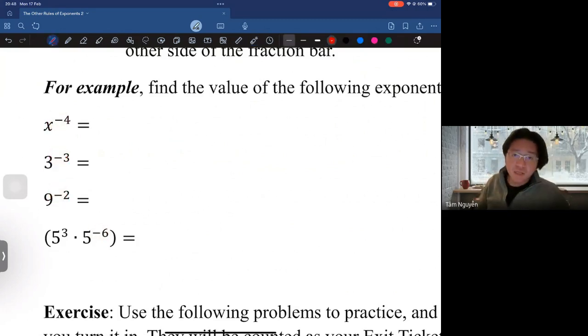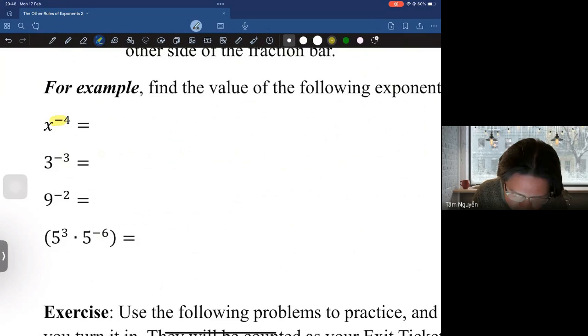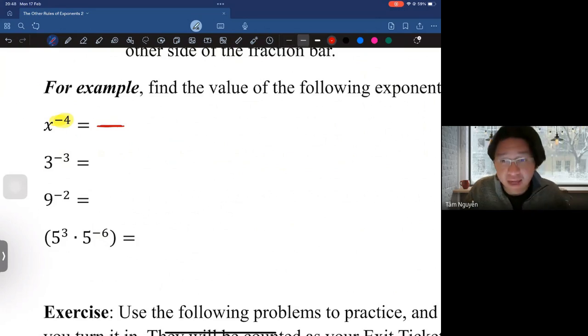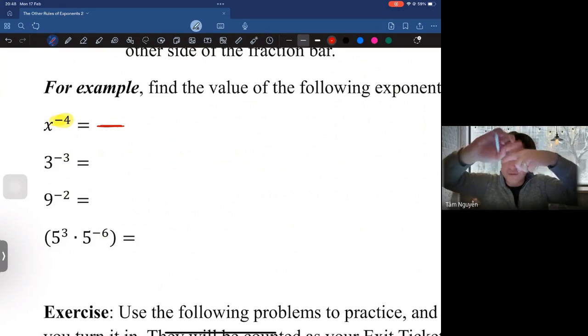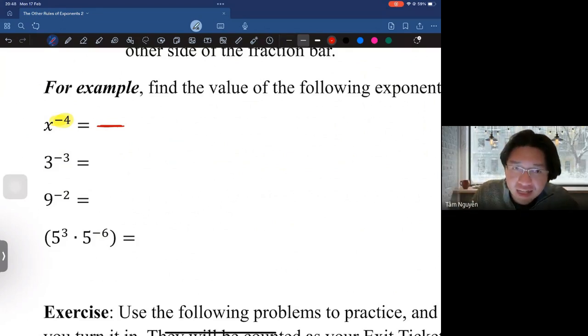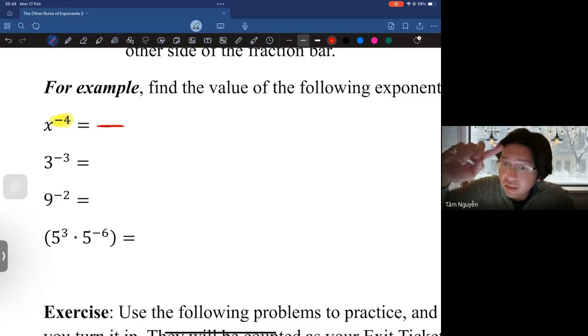And how are you going to do it? It's really easy. Please remember, anytime you see a negative exponent, you flip it to the bottom of the fraction.